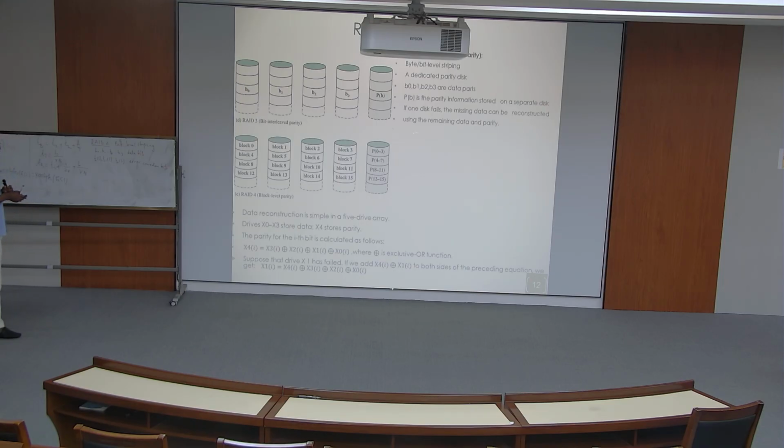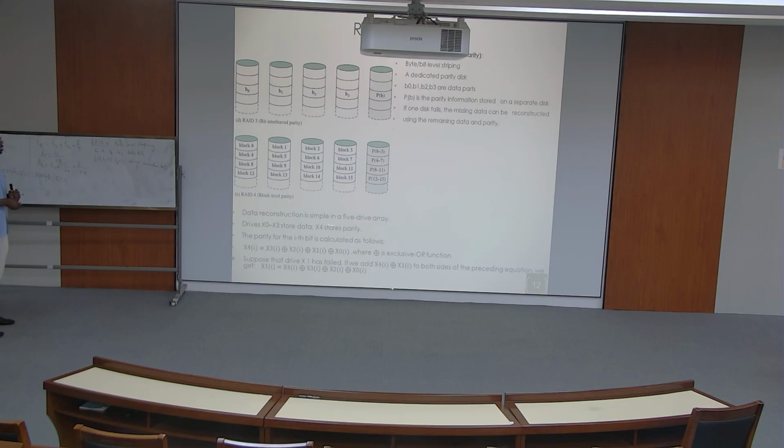But you need to understand that from RAID level 3, if a disk fails, the missing data can be reconstructed using the remaining data bits as well as the parity information. Here we have a simple example to help you understand how data can be reconstructed.